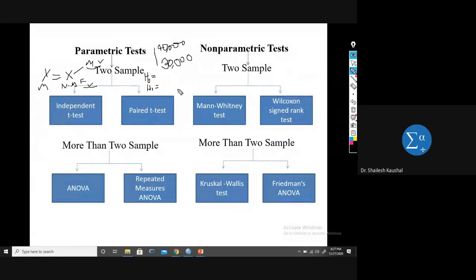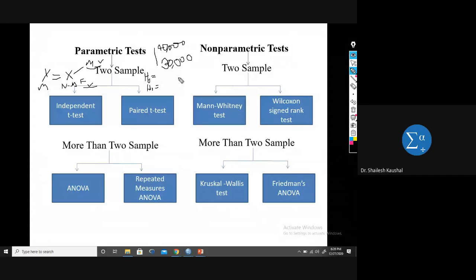Whether this difference is significant or not, we do not decide; the p value decides. When we apply the independent t-test in SPSS, we get the output, and if the p value is less than 0.05, there is a significant difference.